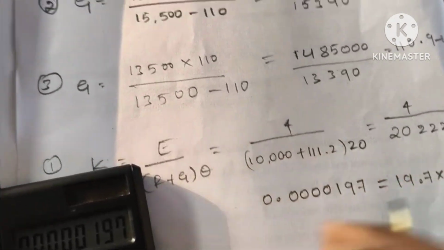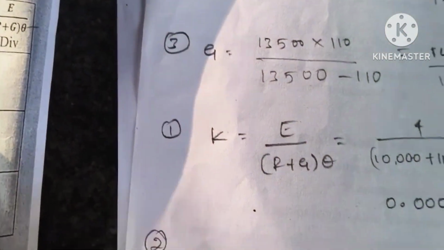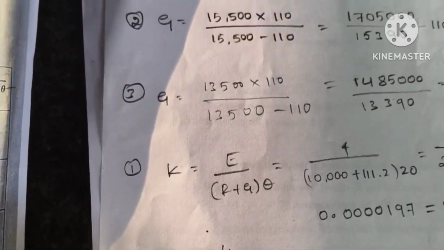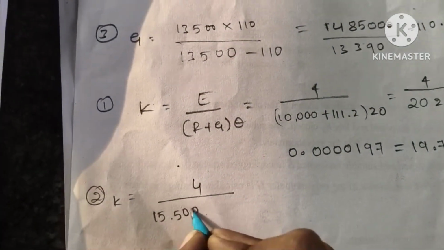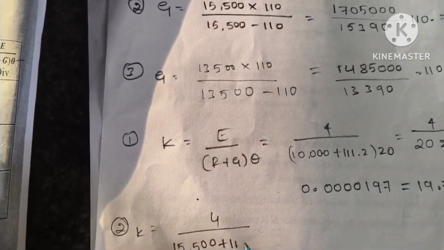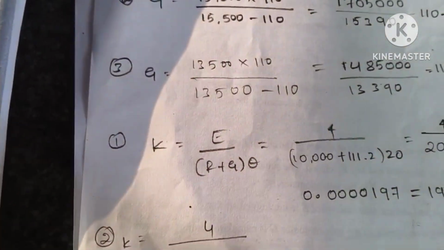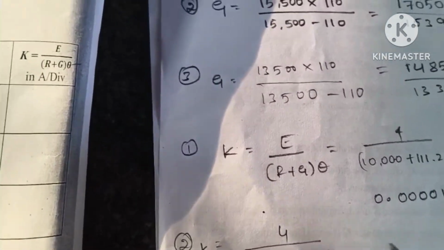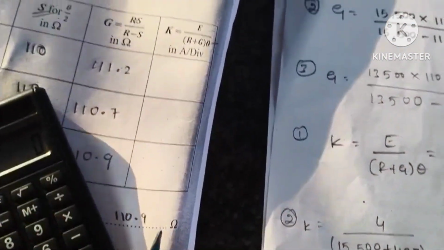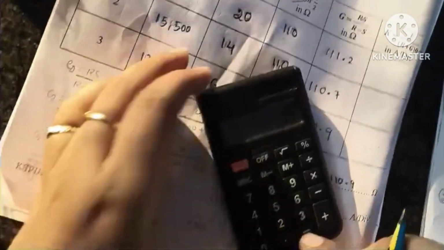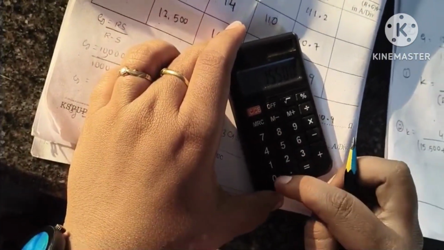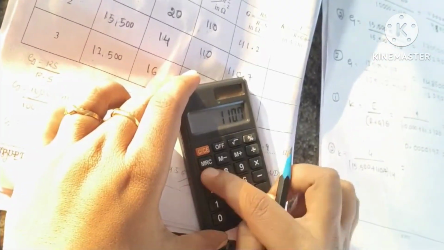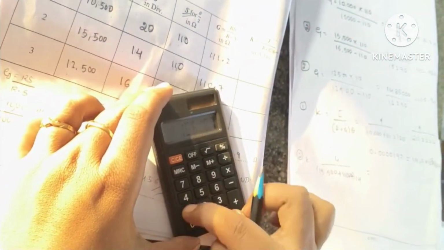And similarly the second one, K is equal to 4 divided by 15,500 plus 110.7 into theta value 14. That is 15,500 plus 110.7 into 14.